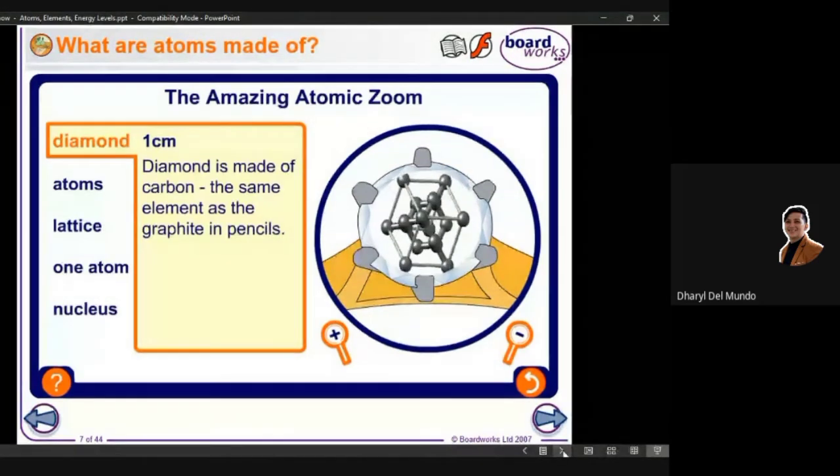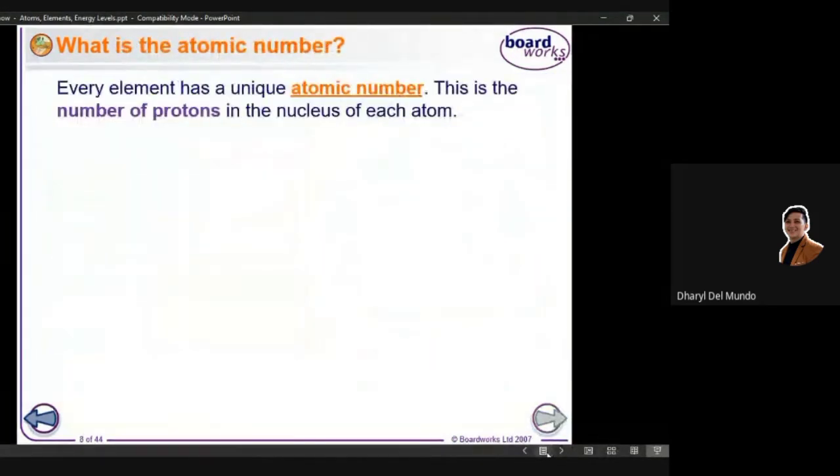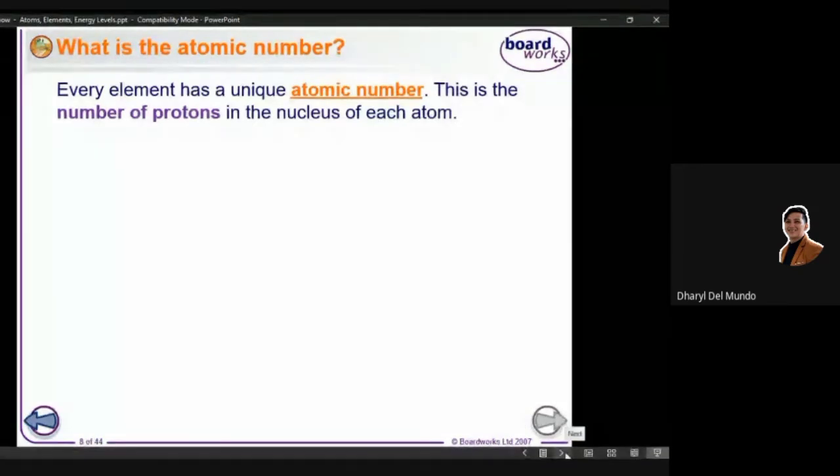Based on what we have learned, every element has a unique atomic number, right? And that atomic number signifies their reactivity and at the same time their sizes. Later on, you will know that as we go on to our topic. This is the number of protons in the nucleus of each atom.